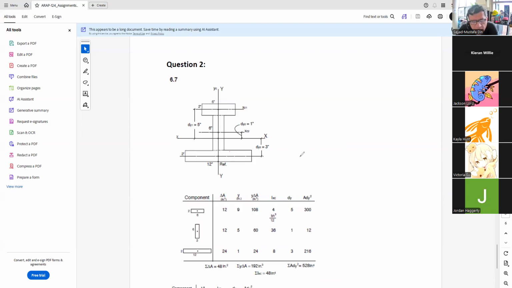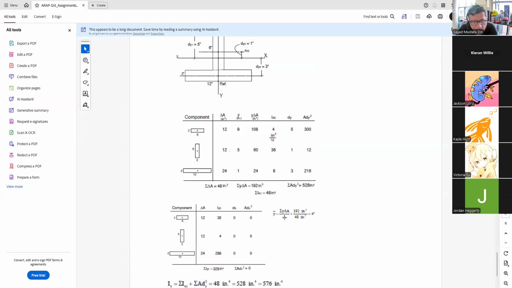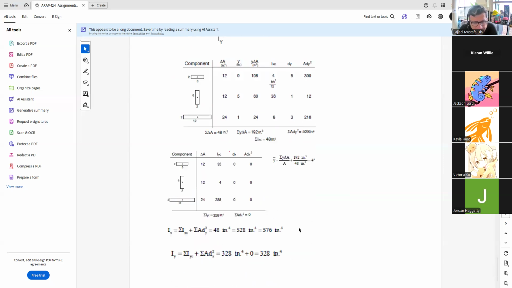And so what you would do is calculate the Ix component, the moment of inertia around the x-axis, or the moment of inertia around the y-axis. So Ix and Iy.